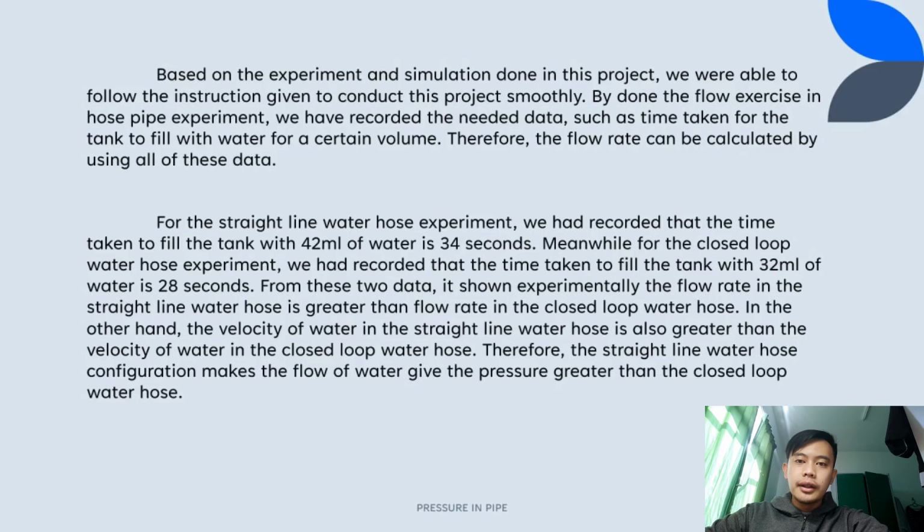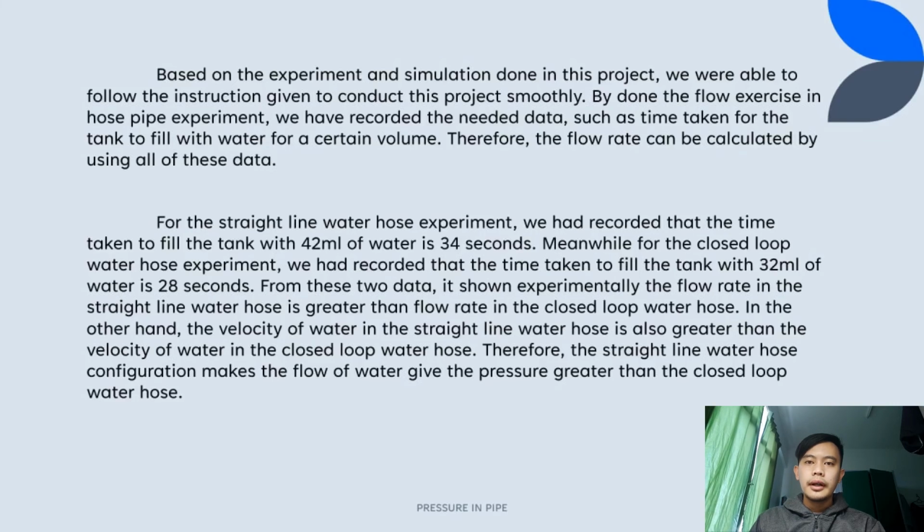The velocity of water in the straight line water hose is also greater than the velocity in the closed loop water hose. Therefore, the straight line water hose configuration gives a greater pressure than the closed loop water hose configuration.